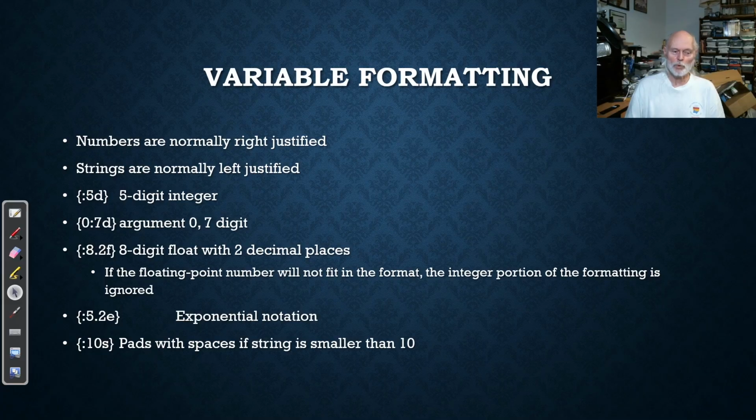Colon 8.2F says 8 spaces and 2 decimal places, the F's a floating point number. And the 5.2E, 5 spaces, 2 decimal places, exponential notation. The 10S is basically 10 spaces for a string.